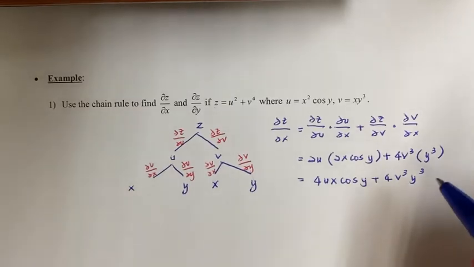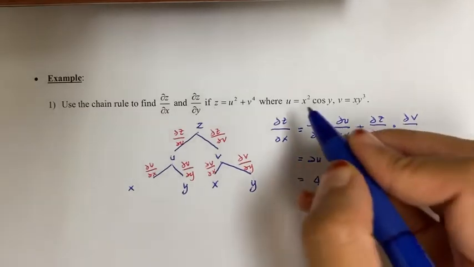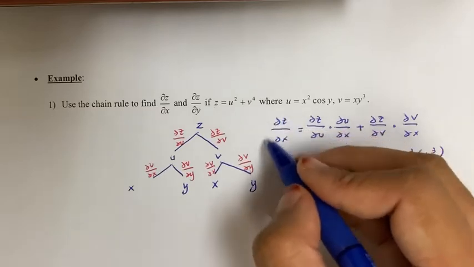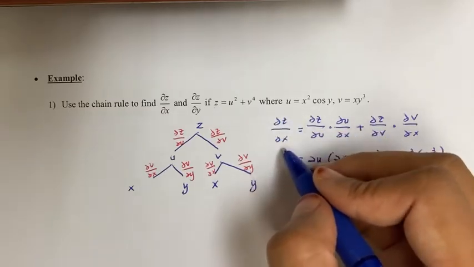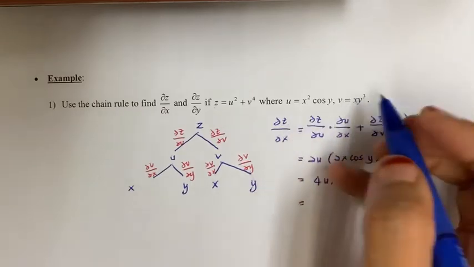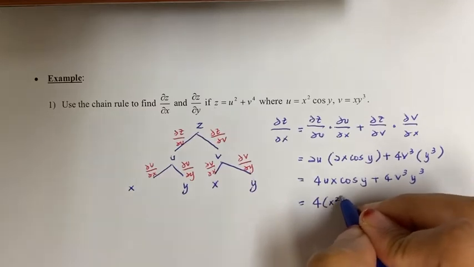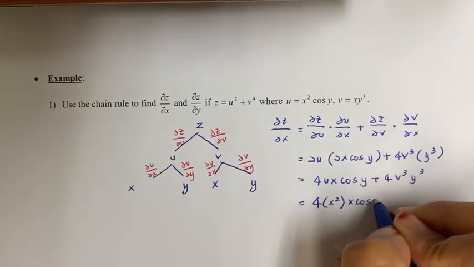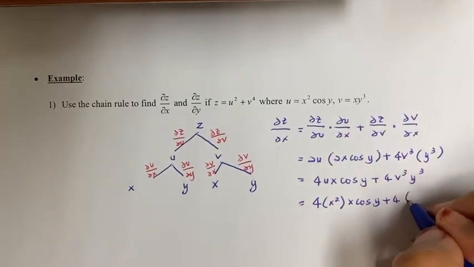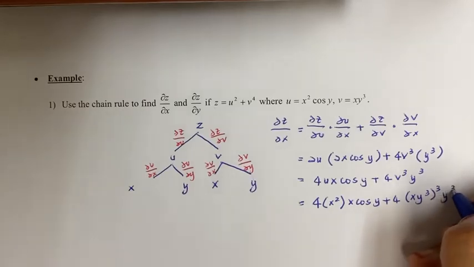But this is not your last answer. You need to substitute your U and V in terms of X and Y, because you want to find del Z over del X, not in terms of U and V. So U is x squared cos Y, and V is x y cubed.